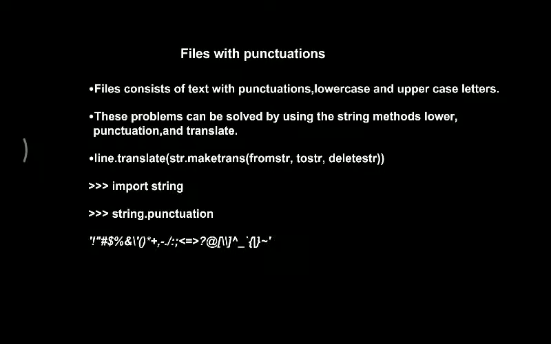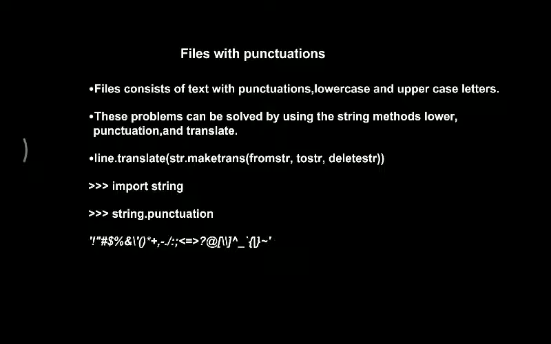So next is files with punctuation. How can files with punctuation be handled? Files consist of text with punctuation, lowercase and uppercase letters. These problems can be solved by using the string methods lower, punctuation and translate. We have already discussed these in module 2.